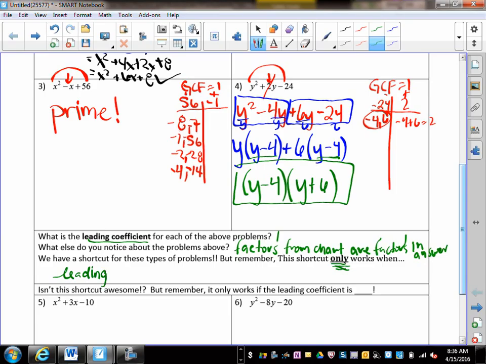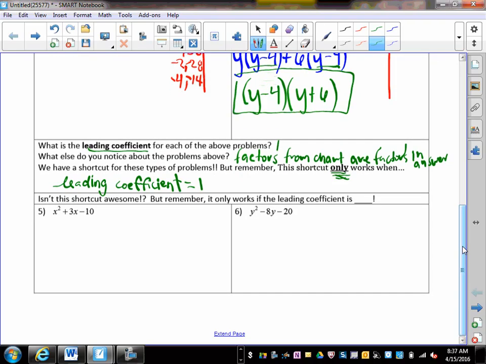The leading coefficient is 1. If it's not 1, you cannot use this shortcut. The biggest mistake I see from students is that they learn this shortcut and then they try to do it all the time, and then they get half the problems wrong. You can only use the shortcut when your leading coefficient is 1.